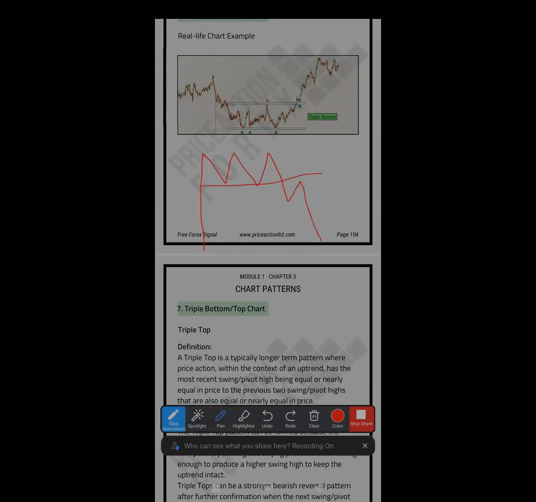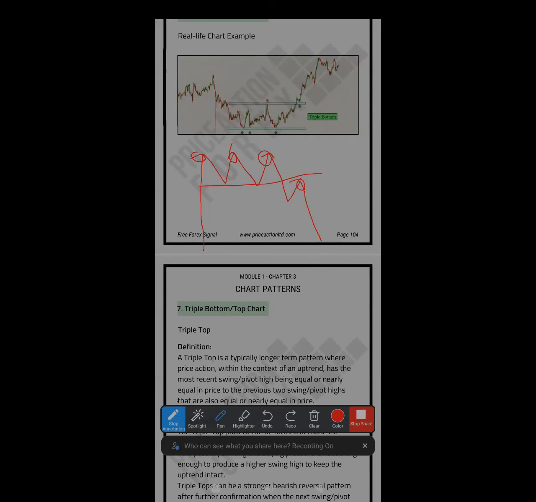You see the first high, second high, third high, which are nearly equal or equal to each other. A breakout of the neckline, which served as the previous support, is broken, a new resistance is formed, which we confirm afterwards with the test, and we start selling.